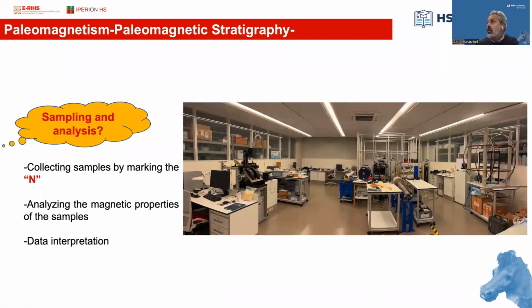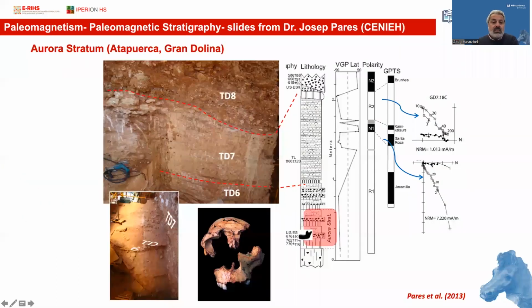And this is a photo from our CENIEH paleomag lab. This is one of the best examples that was applied to date the Homo ancestors in the Gran Dolina site. Here you can see that by using paleomag and the reverse and other polarities, you can give the maximum date of your fossil.